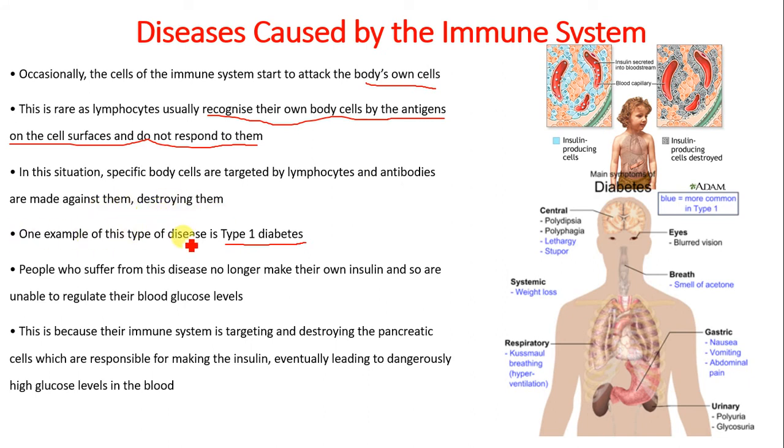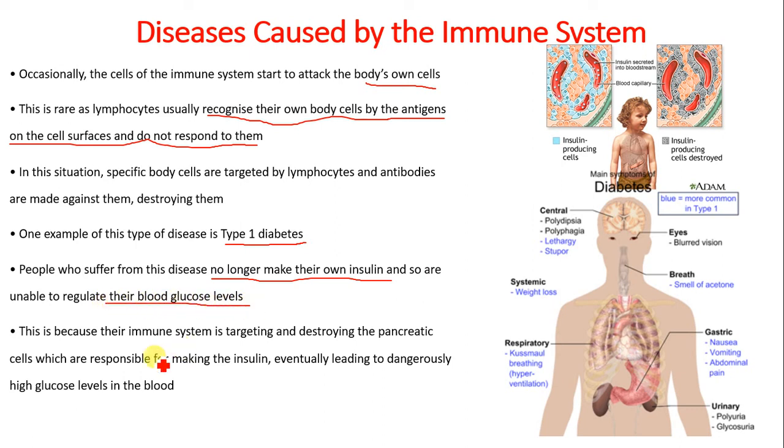One example of this type of disease is type 1 diabetes. People who suffer from this disease no longer make their own insulin. Take note. They no longer make their own insulin and so are unable to regulate their blood glucose level.